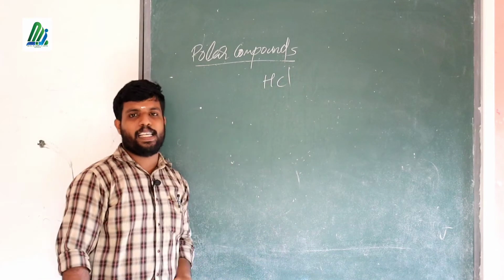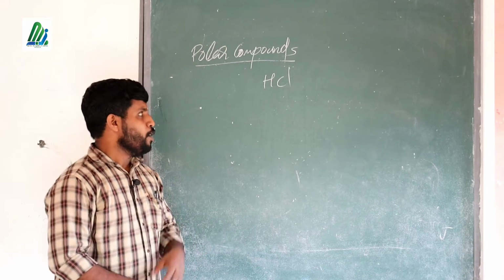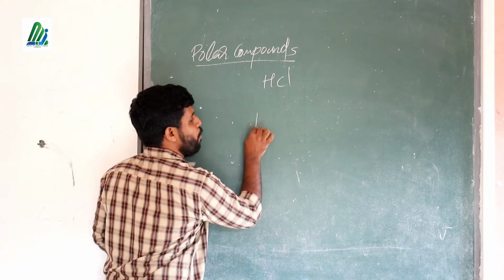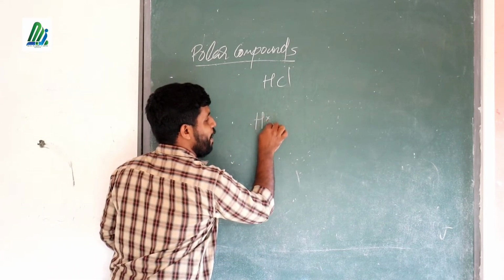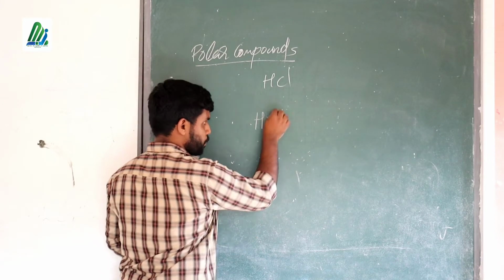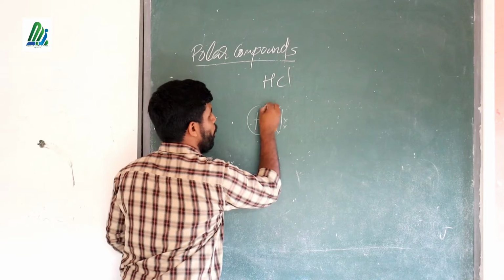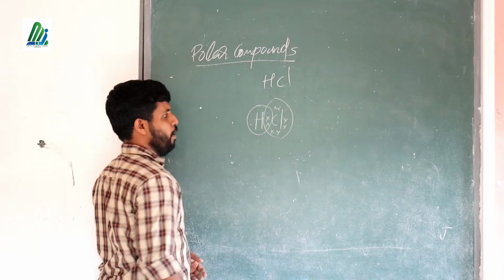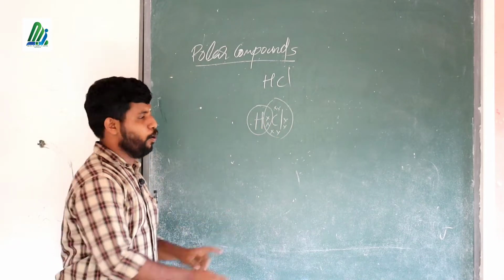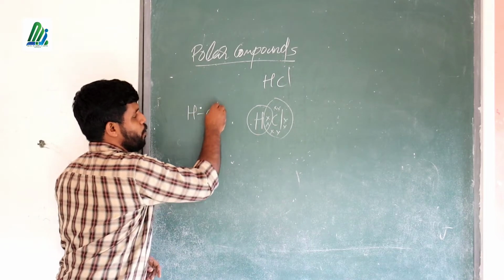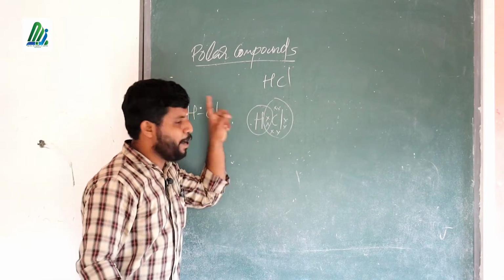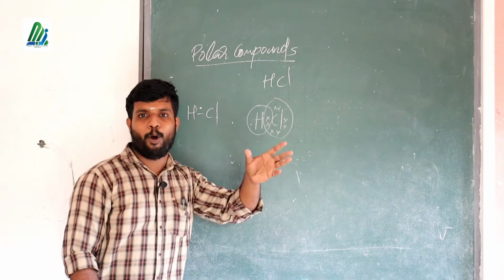So HCl is an example for covalent compound. They will share one pair of electrons together and form the compound, and there will be a single bond between the atoms, hydrogen and chlorine. We can represent H single bond Cl. So they will share one pair of electrons that is common for both the atoms.